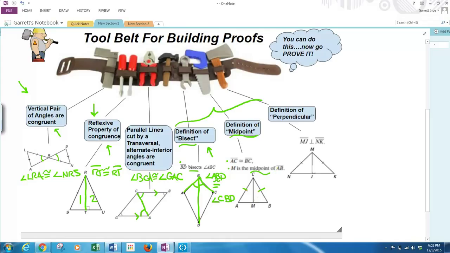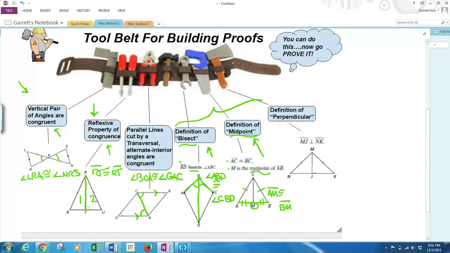So that tells me that M right here is the midpoint or is in the middle of side AB, which means that I'm allowed to add into this figure that side AM is congruent to side BM. So I would be allowed to write that, once again, side AM is congruent to side BM, and my reasoning would be, up here in our reasoning box, the definition of the word midpoint.